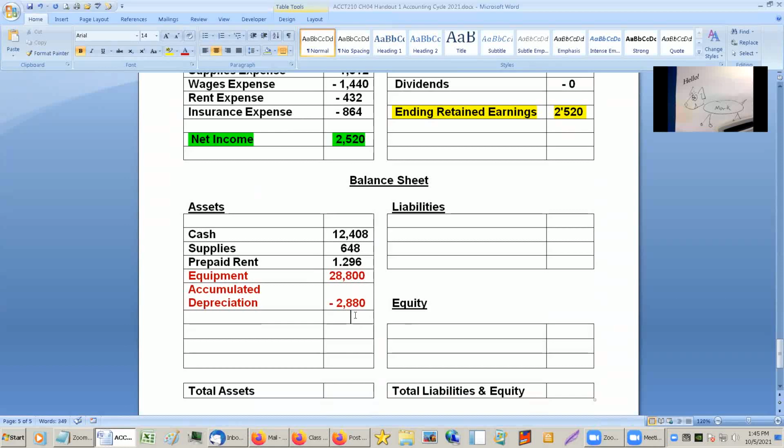So this is where that negative amount is. This equipment really isn't worth 28,800. It's worth 28,800 minus that, whatever that comes out to. You can get a total for that if you want, a net equipment, but just leave it like this. Either way, it'll come out the same. So 12,000. $40,272.